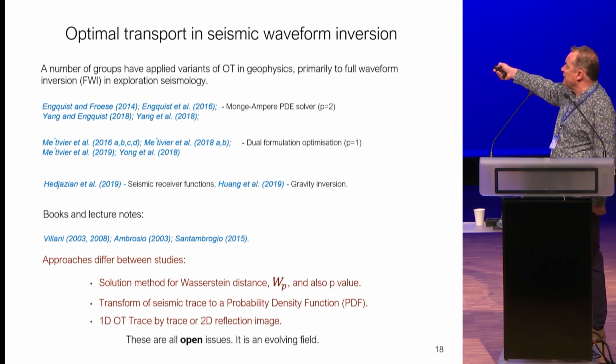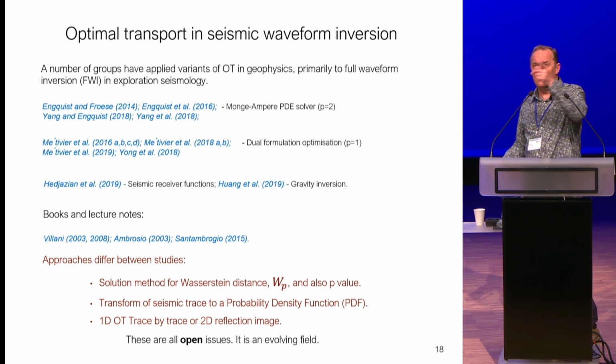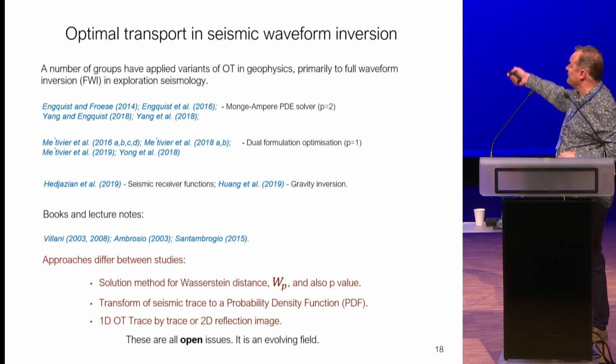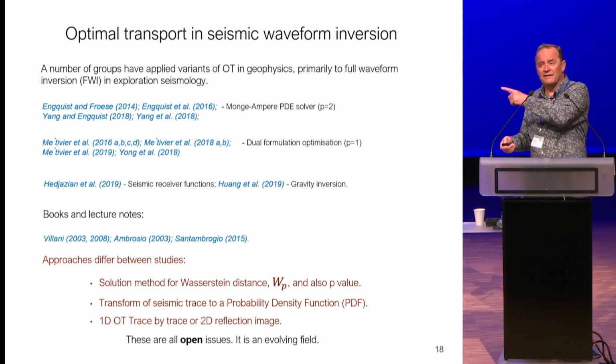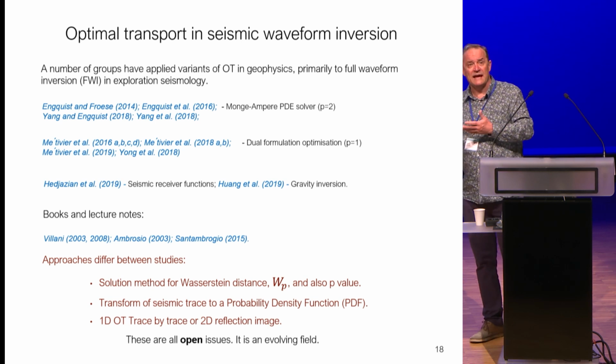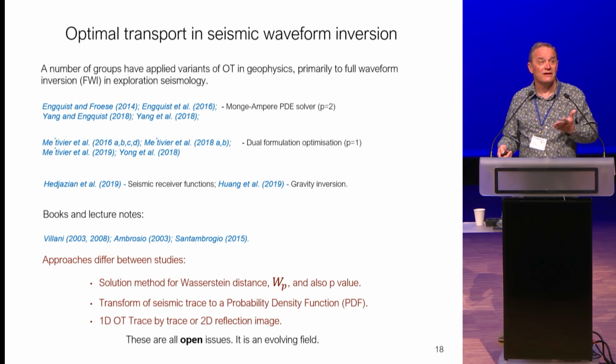A paper in 2019, which I think has Thomas Bowden as a student there as a co-author, and Huang, on gravity inversion, seismic receiver functions. And there's a talk here on Friday by Bruno Levy, which I will be very interested in, to find out about the latest ideas in optimal transport, so I encourage you to go to that.